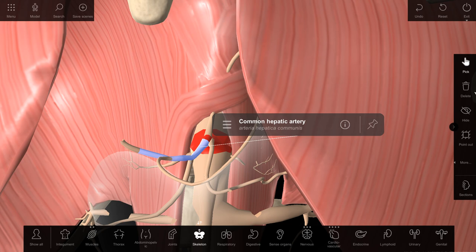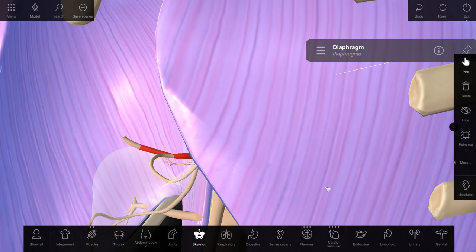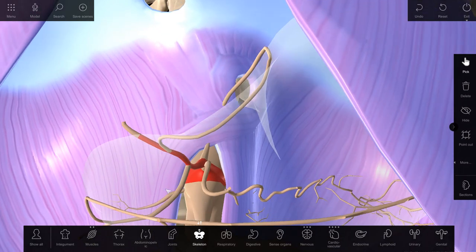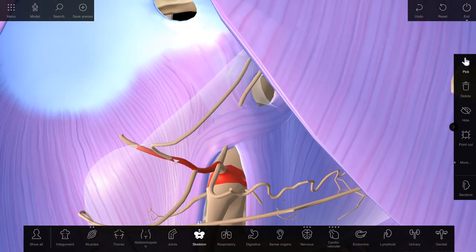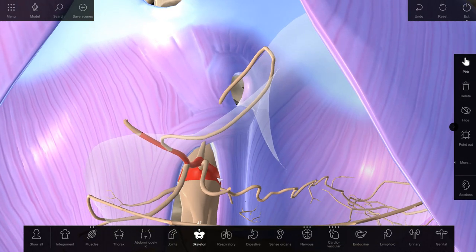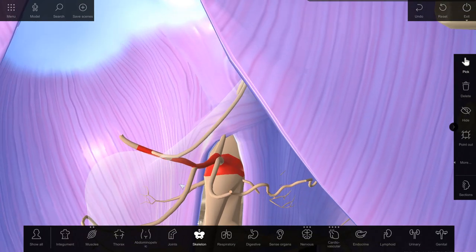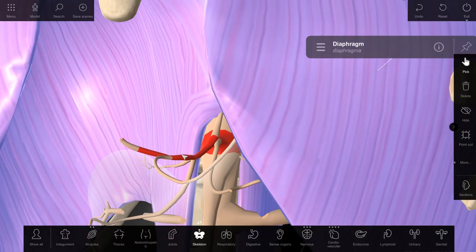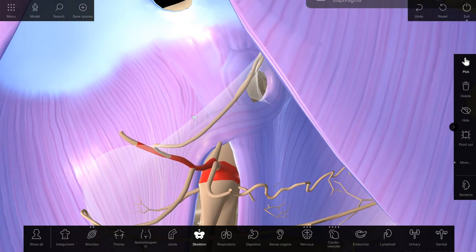Let us colorize it with red color. So, Arteria hepatica communis. We can see that it is directed anteriorly, and then it gives several branches.